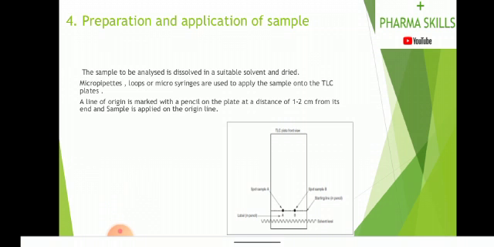Here we can drop the sample and mark which is sample A, B. See the picture. We have drawn the origin line, kept 1 to 2 centimeters distance, and spotted the components. First one is sample A and second is sample B.